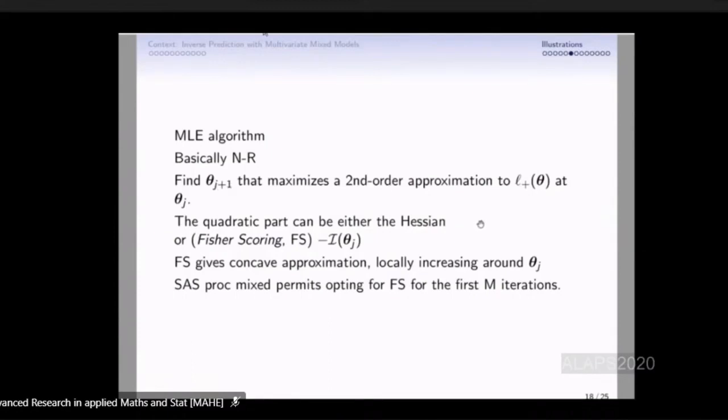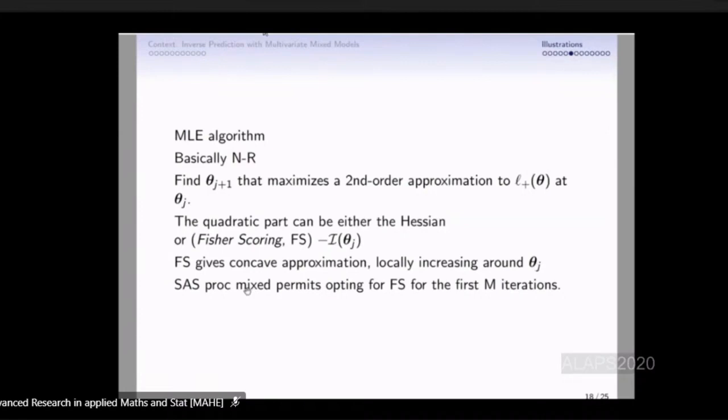The quadratic part of the approximation can either be the Hessian matrix, the matrix of second partial derivatives, or the negative of the information matrix. That's called Fisher scoring when that's used. And Fisher scoring gives a concave approximation, so it's locally increasing around the current point.